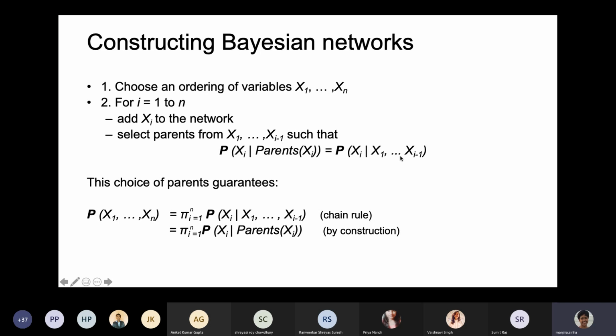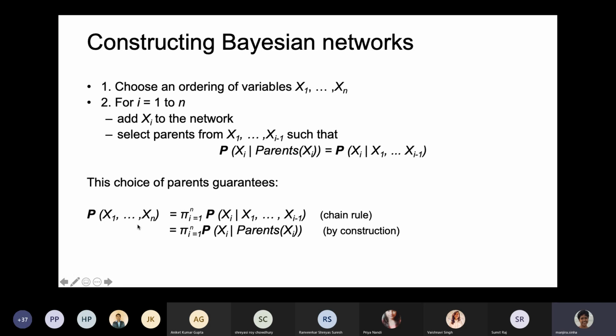That means we need to choose the parents such that the conditional probability of xi given its parents is equivalent to the conditional probability of xi given all the previous nodes.